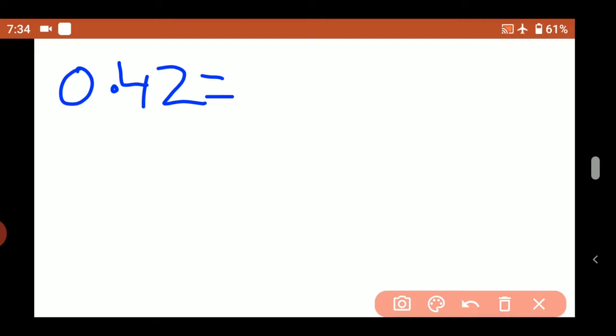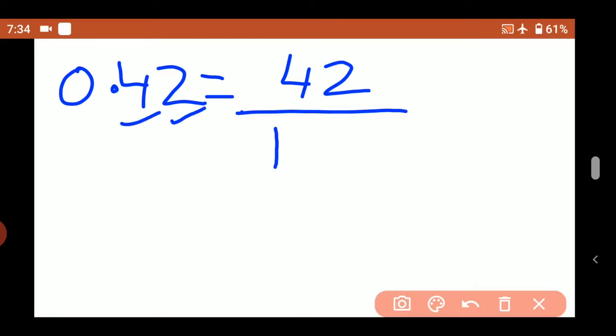Whatever is the number on the top, write that as the numerator. 042, 0 has no value, so I simply wrote 42. Now, denominator should have 1 and how many zeros? As many number of decimal places. Here 2 decimal places, so 2 zeros. So the number of decimal places will tell you how many zeros to be put in the denominator. So we got our answer 42 by 100.